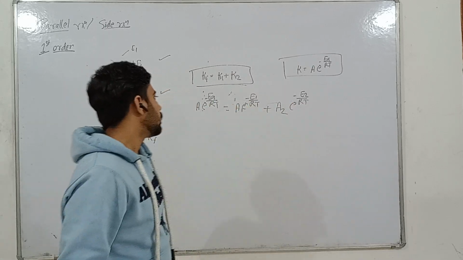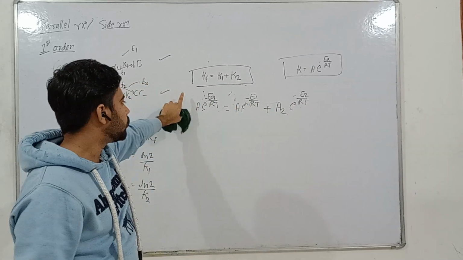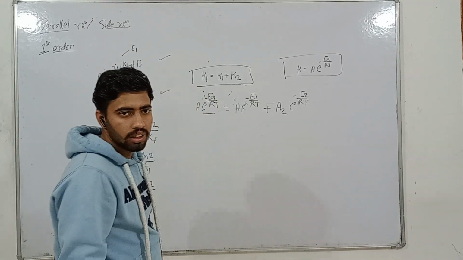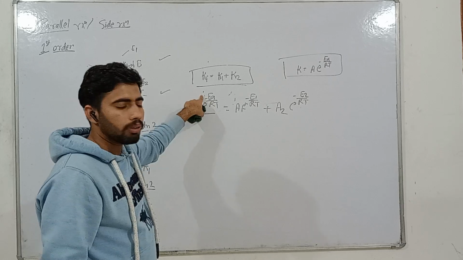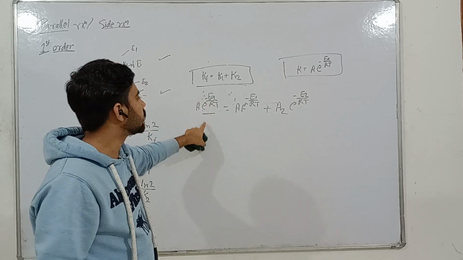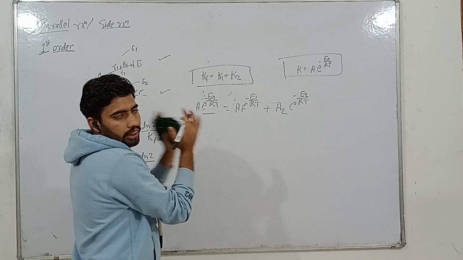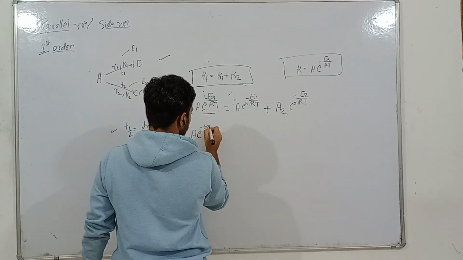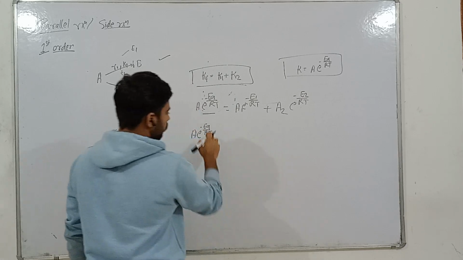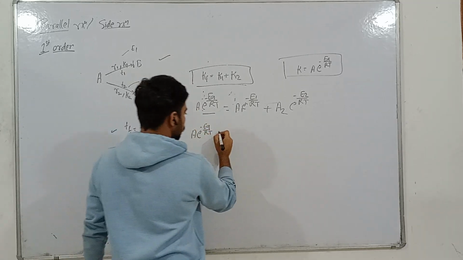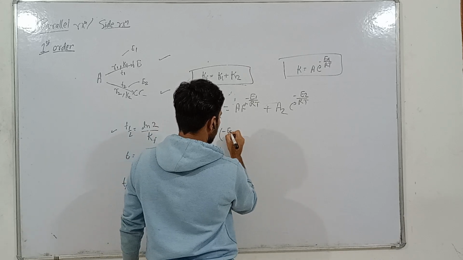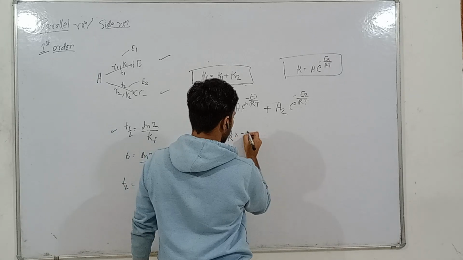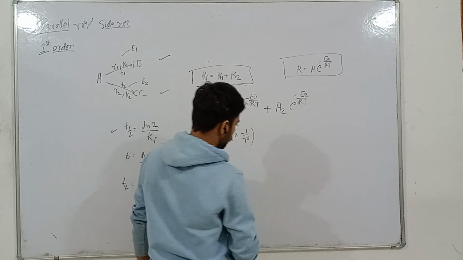If we differentiate both equations with respect to temperature, differentiating e to the power minus x gives e to the power minus x, times the derivative of the inner part. That will be A into e to the power minus Ea divided by RT, and differentiating the exponent gives minus Ea divided by R into minus 1 upon T square.